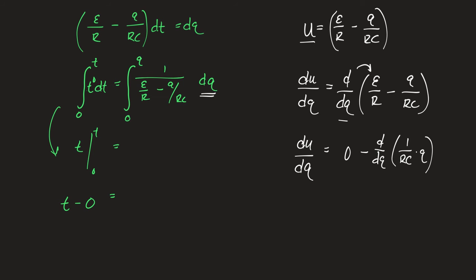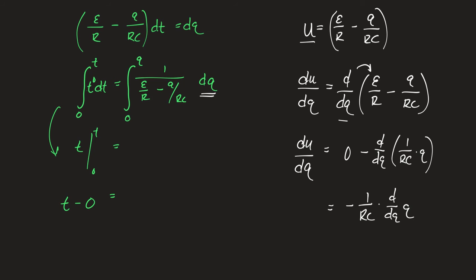1 over RC is just a constant. So when I take this derivative, this is going to be 1 over RC times d/dq of Q. And the derivative of Q with respect to Q, polynomial rule, that's Q to the 1.